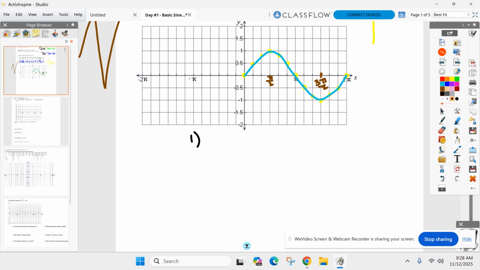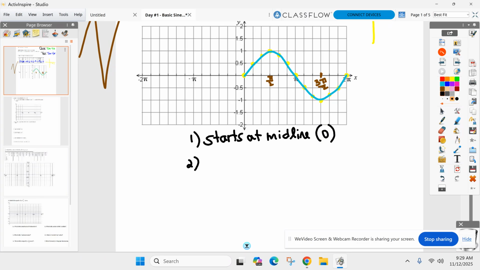Where's sine start? Tell me where we started. 0. That's 0. We're going to call that the midline, where it starts. It starts at the midline, which is 0 for us. Then where did it go?